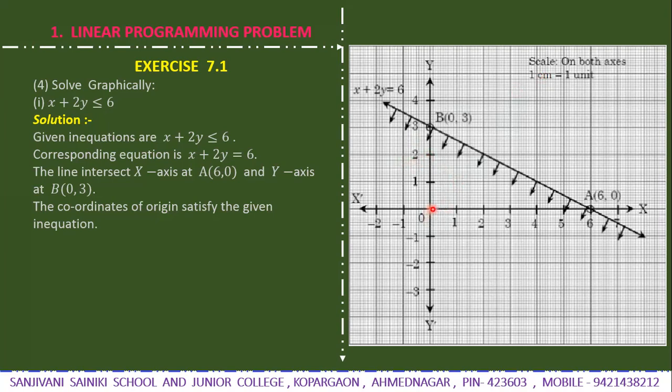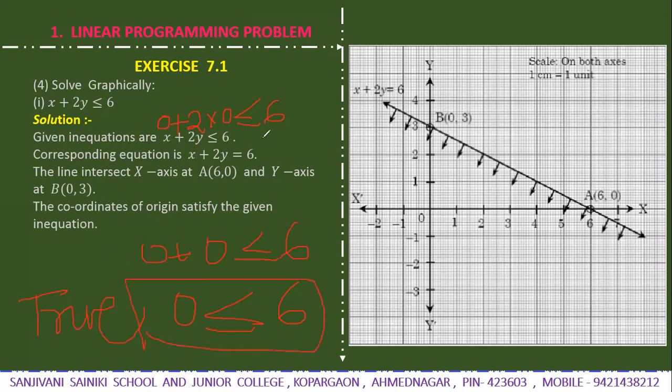But if we take the origin (0, 0) and put it in this inequation, what will happen? 0 plus 2 times 0 is less than or equal to 6, means 0 plus 0 is less than or equal to 6, means 0 is less than or equal to 6, which is true. So the solution set will lie on the origin side.